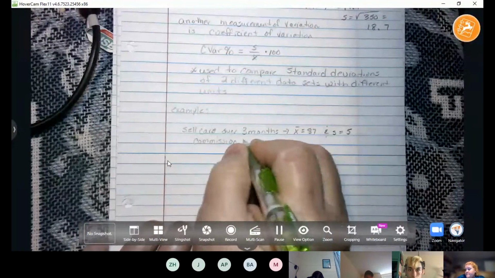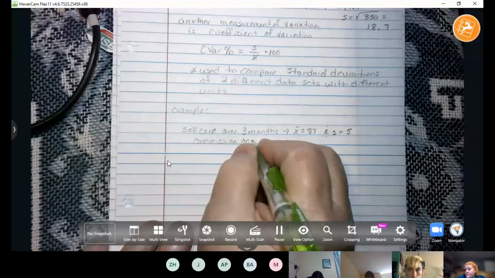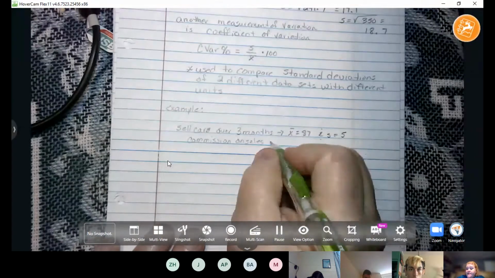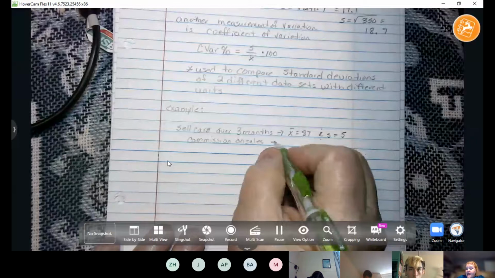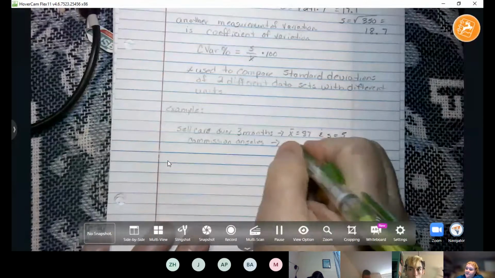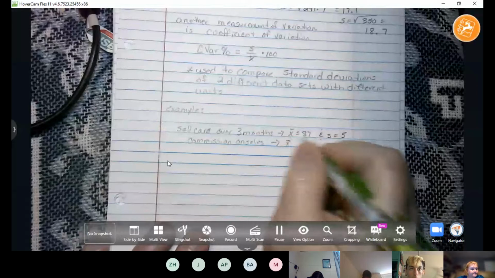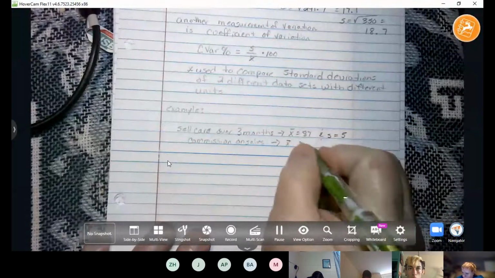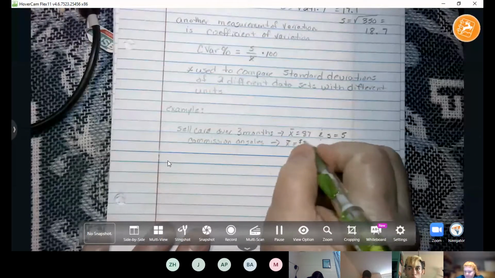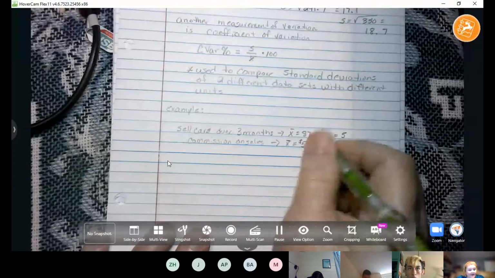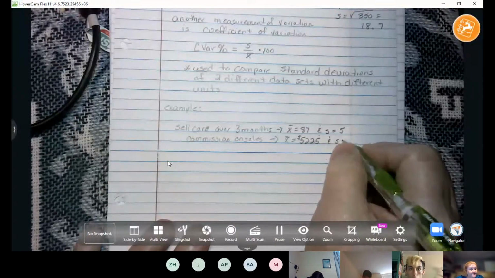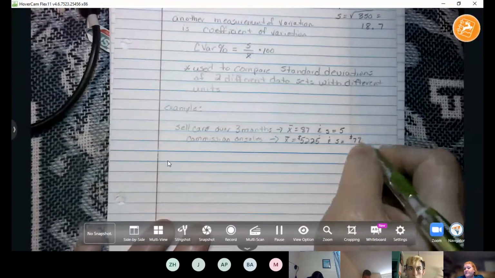The commission on the sales over the same time period has a mean of $5,225 and a standard deviation of $775.